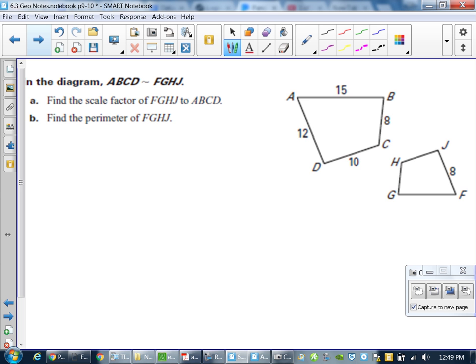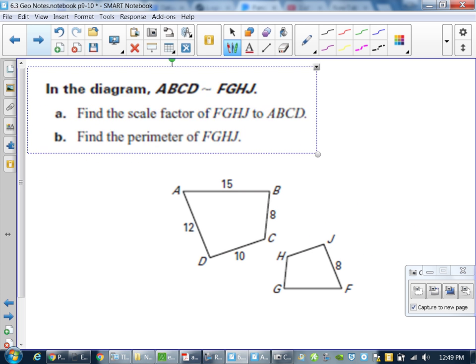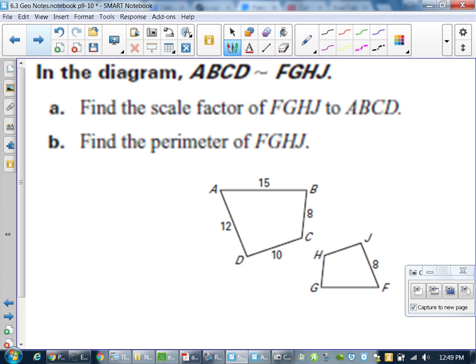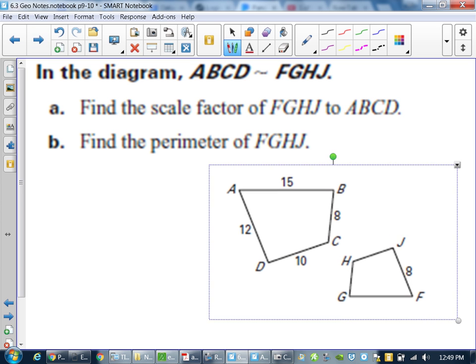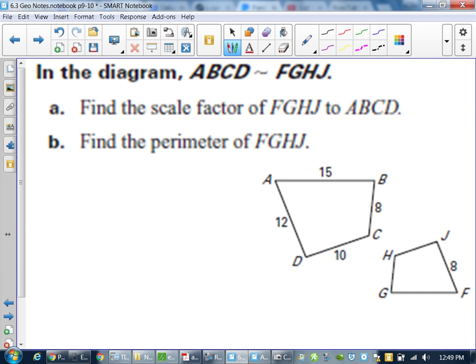Look at this example here. We only have 2 more examples, so roll with me here, guys. In this case, we have 2 quadrilaterals, 4-sided polygons. It tells you that they are similar: ABCD and FGHJ.